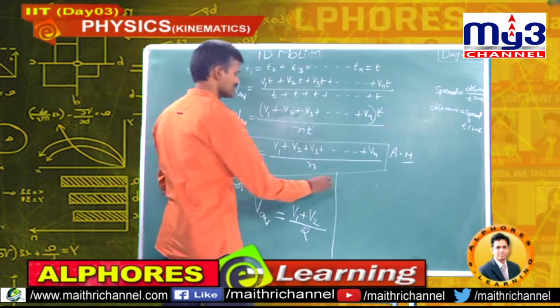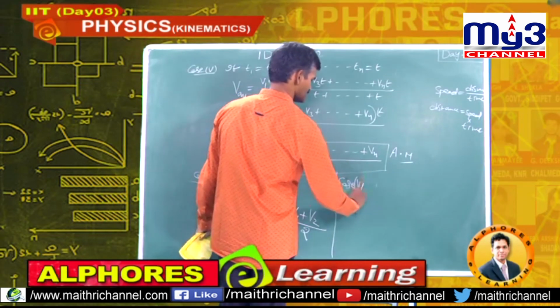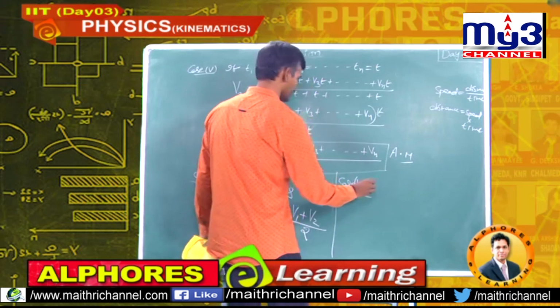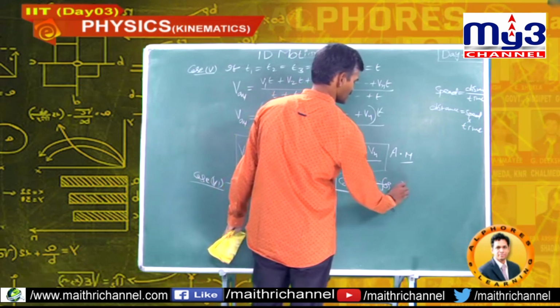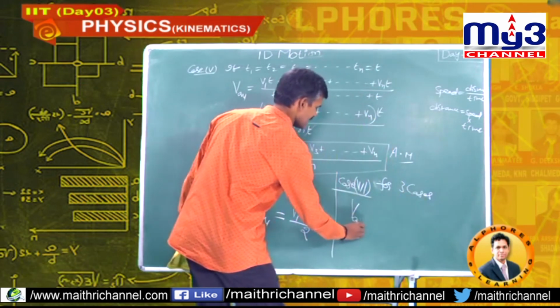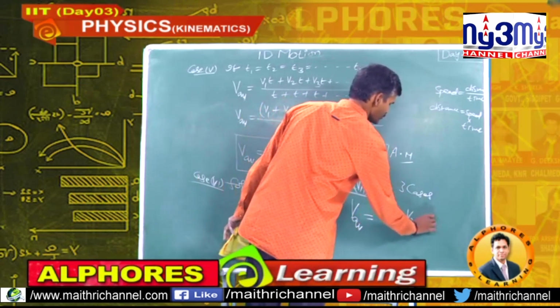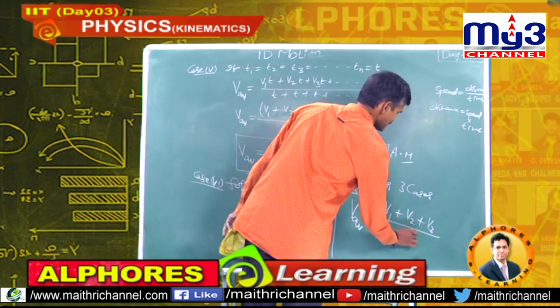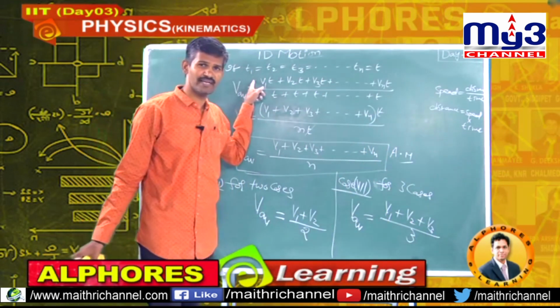Next, case 7, if we consider 3 cases, this V average can be written as V1 plus V2 plus V3 by 3. So, students, it is a very important case.